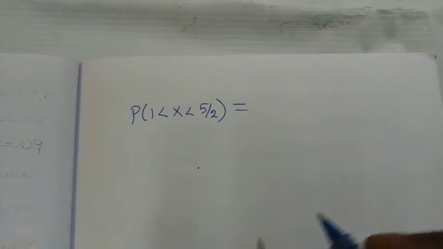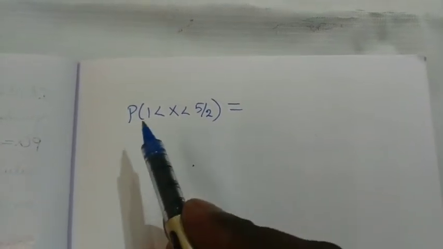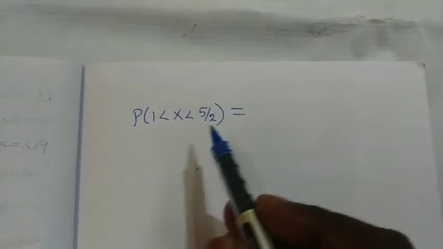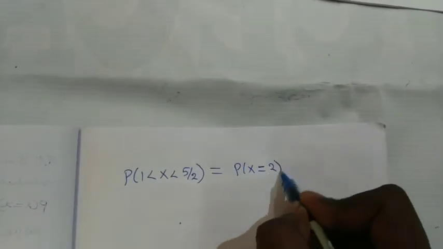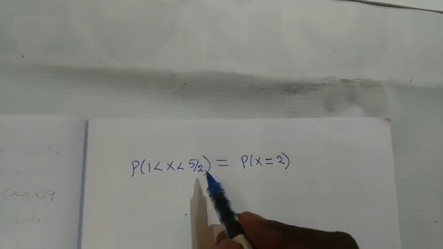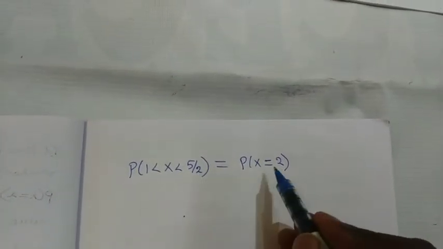Okay, so now the numerator value between 1 to 2.5. Between 1 to 2.5 there is only 2. Therefore P of x is equal to 2, because we are not including 1 and not including 5 by 2, therefore only 2.